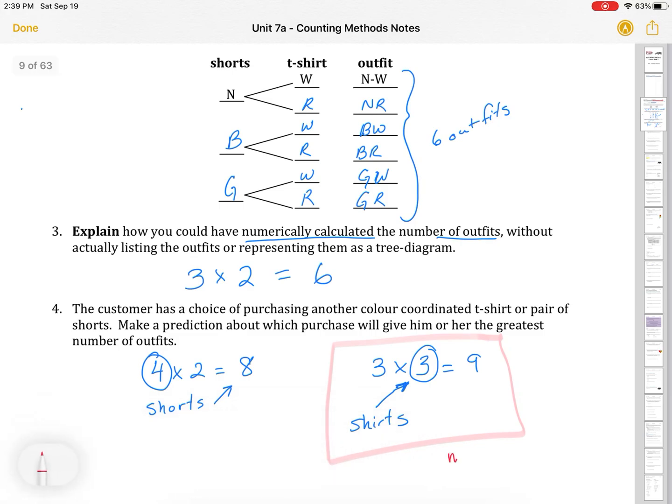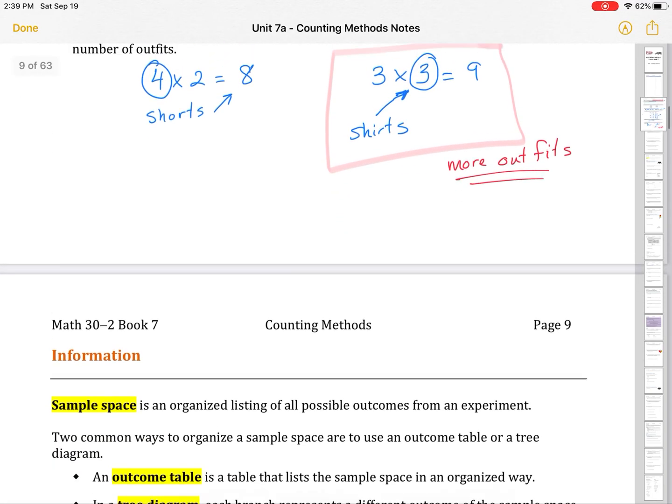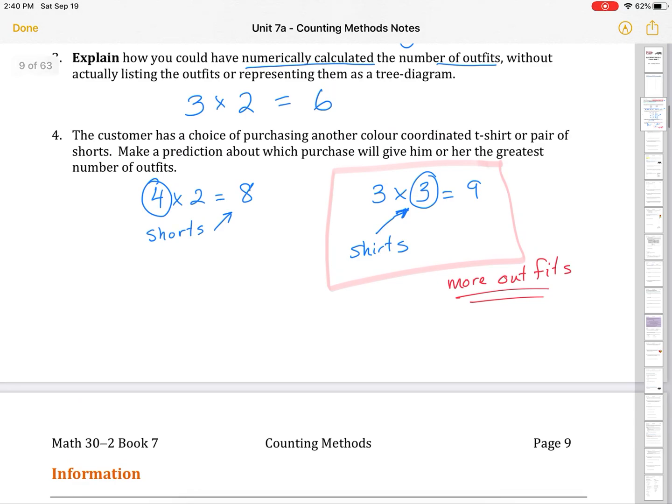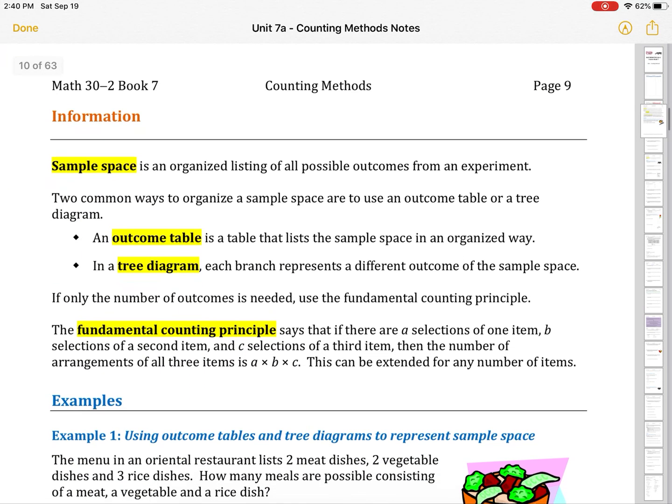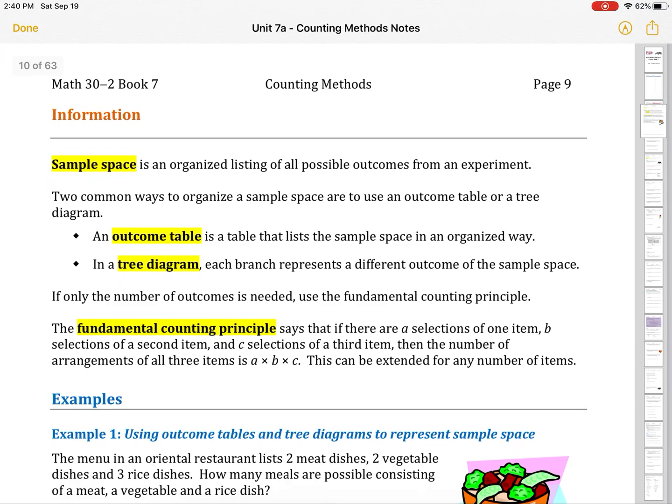So this one will give more outfits. And you could do that just by multiplying without having to draw all those tree diagrams to help you figure it out. Okay? So this becomes a strategy.